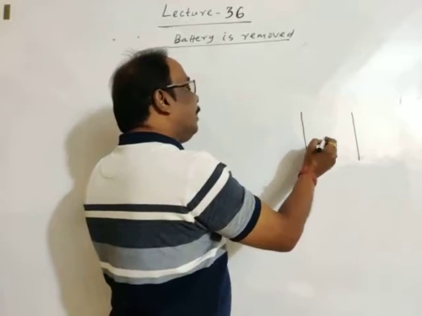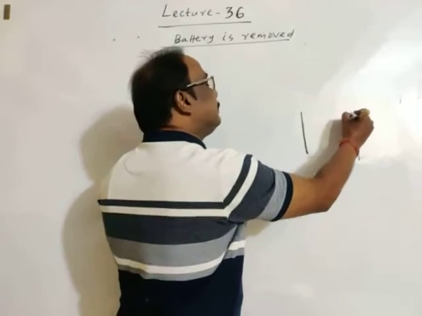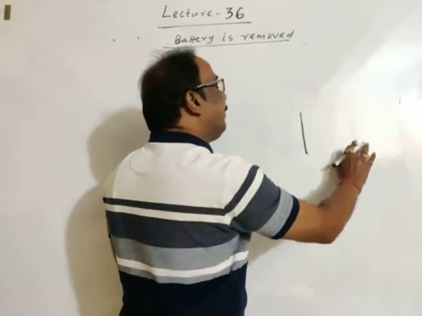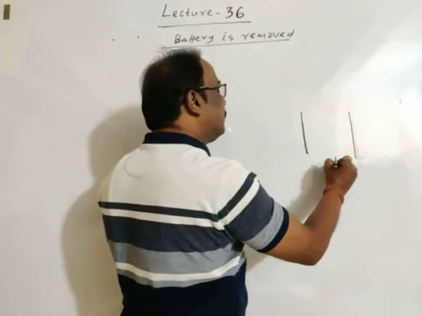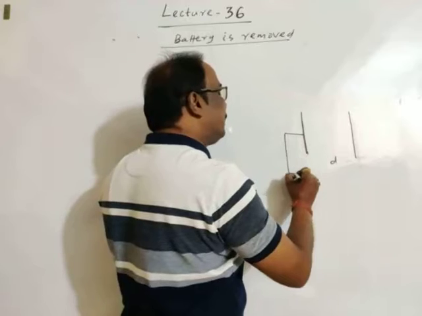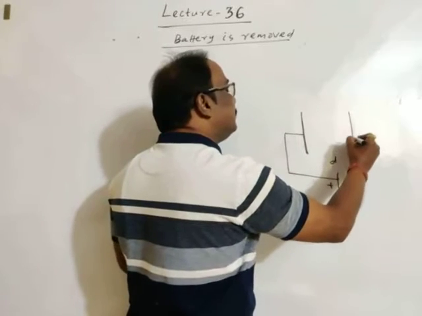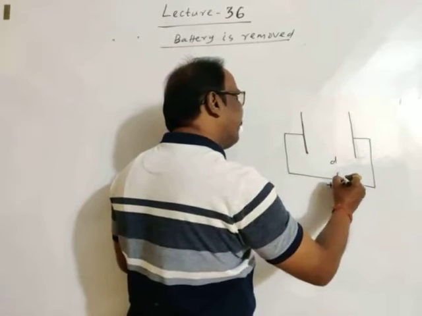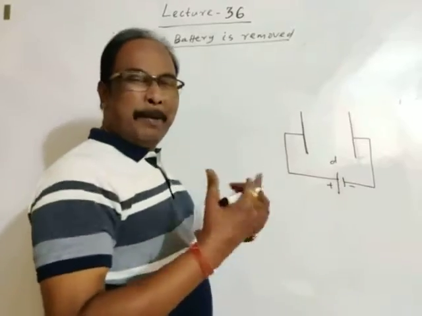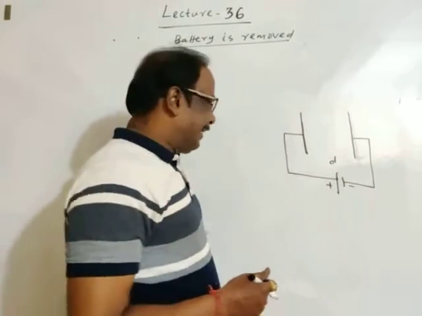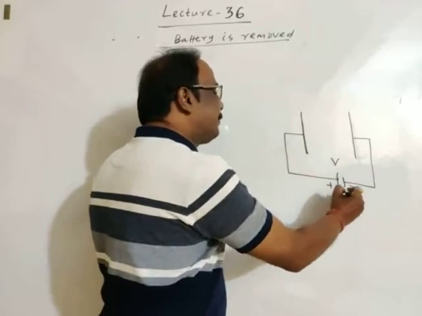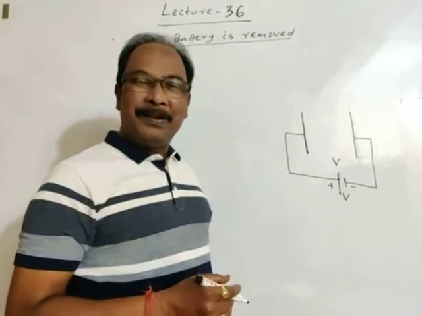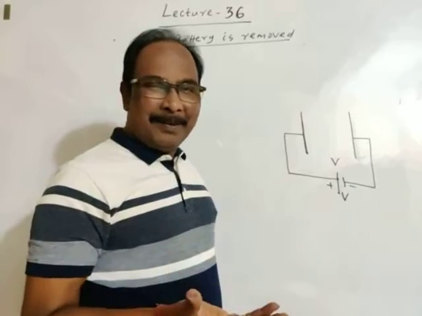It is connected to the terminals of a battery. Separation is d, and the surface area of each plate is A. Now the capacitor is charged till the potential difference between the plates becomes equal to the potential difference between the terminals of the battery.